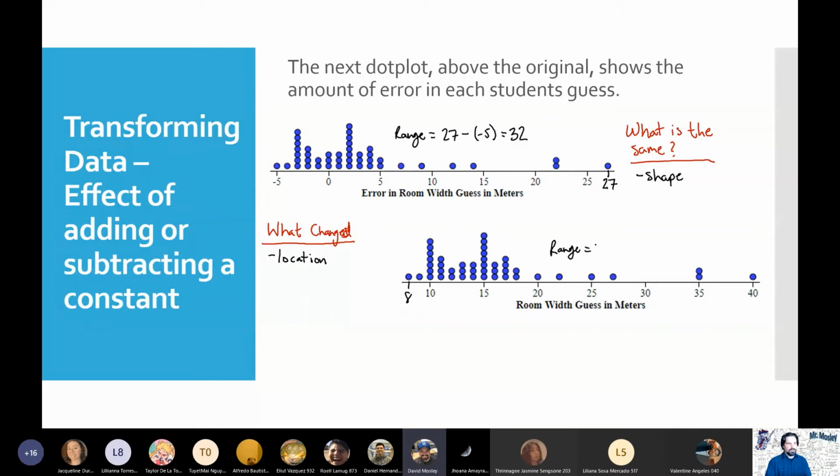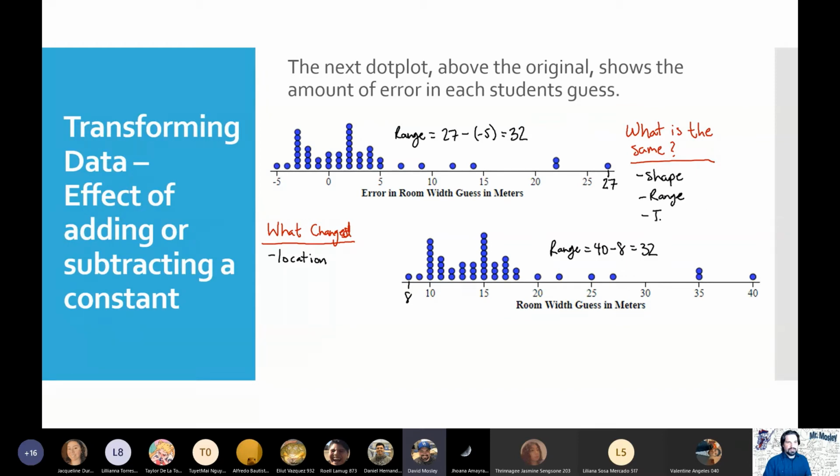Range here, we're going to have 40 minus 8, which is also 32. This shows that the range, right, the value of the range, how many units we go from the smallest to the largest, is the same.